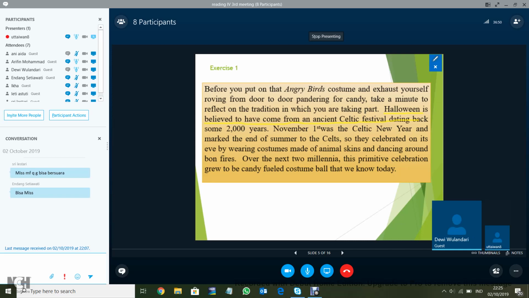Menghabiskan energimu. Reflect. Merenungkan.